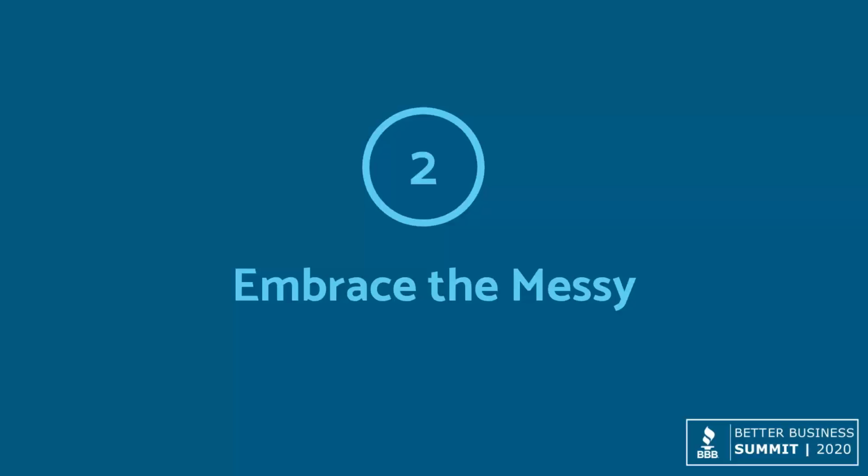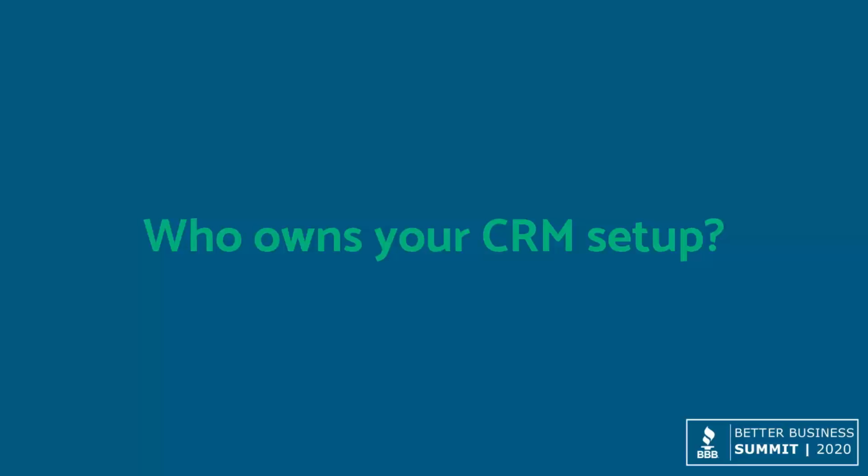So to help you make sure that you're able to embrace the messy and trudge through that implementation swamp to get to CRM success, make sure that you answer the question, who owns your CRM setup? Who owns that implementation process? The answer to this question is one of the best indicators for how successful you'll be.